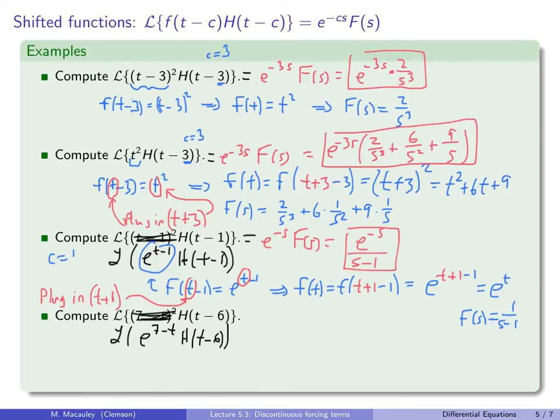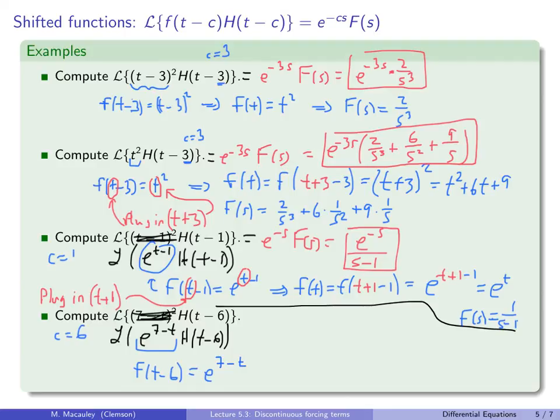So here we look at this, we say c equals 6, and therefore f of t minus 6 equals e to the 7 minus t. I was going to factor out the e to the 7, but okay, so let's make a line here.